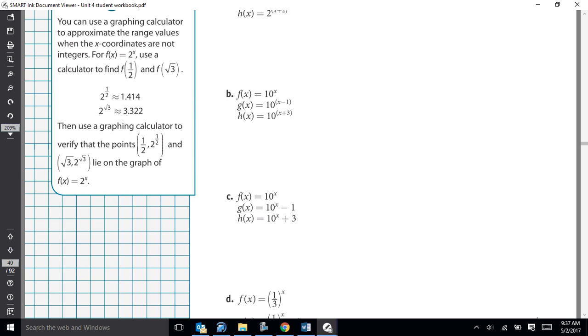So if we look at b, our parent function, we have 10 to the x. So 10 to the x minus 1, it's going to go 1 to the right, and then x plus 3 in our exponent, 3 left.